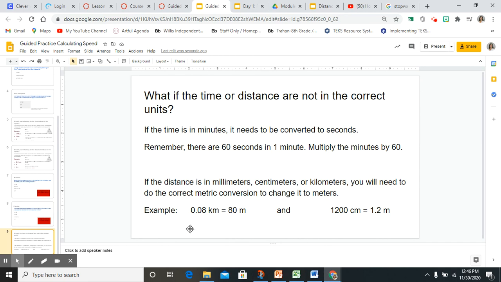For example, if I have 0.08 kilometers, that equals 80 meters because I would move the decimal over 3 times. In this case, 1,200 centimeters is equal to 12 meters because I would move the decimal over 2 places to the left in order to go from centimeters to meters.